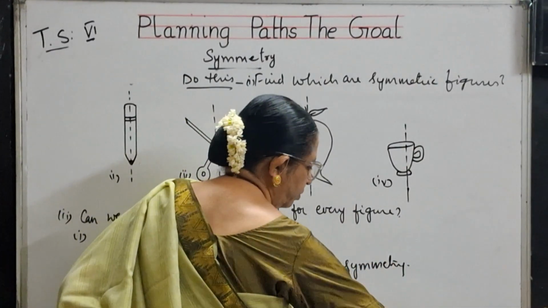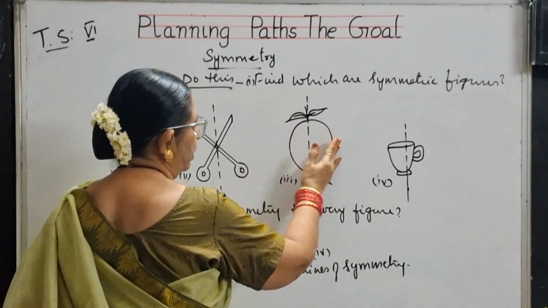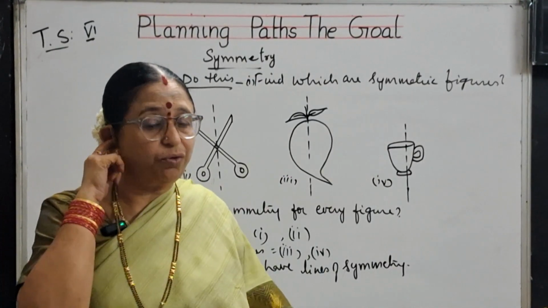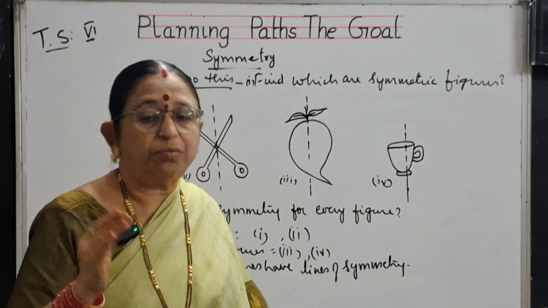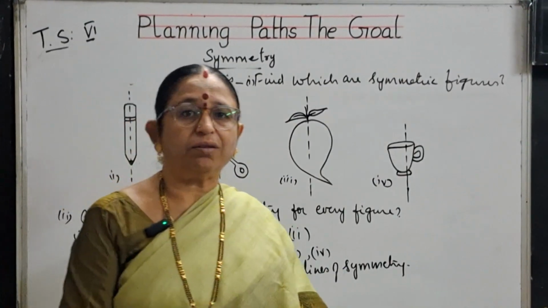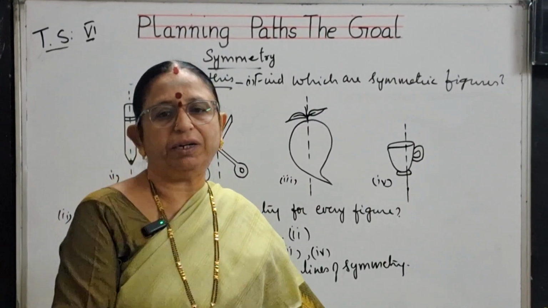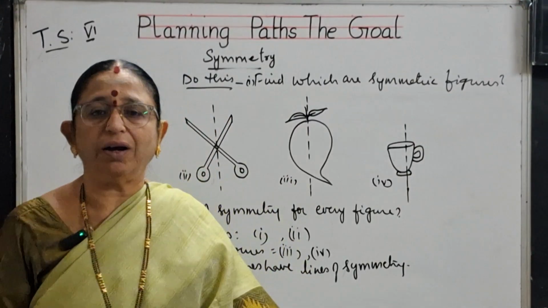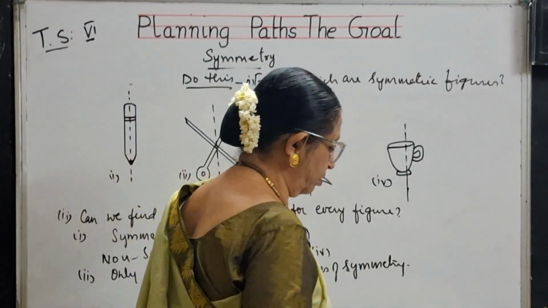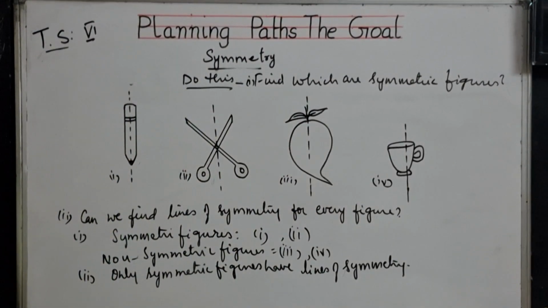All will not have, children. See, in these two figures, the line is not dividing it into two equal halves. Each half is different. So we cannot consider it a line of symmetry. So all the figures cannot have lines of symmetry. Only a few figures, those figures are called symmetric figures. So only symmetric figures will have lines of symmetry. So please note this down, children.